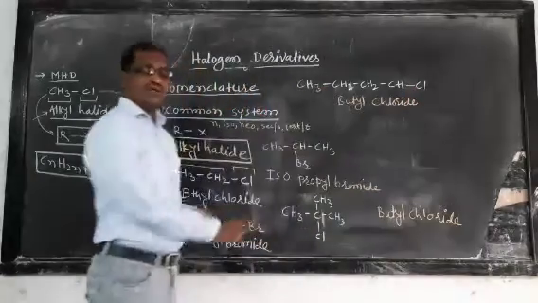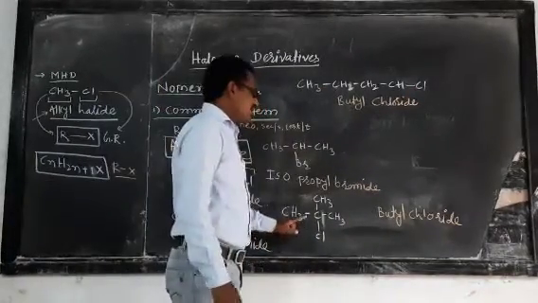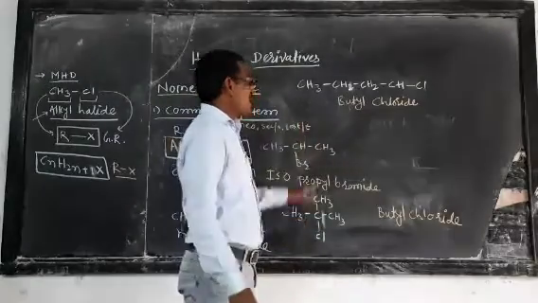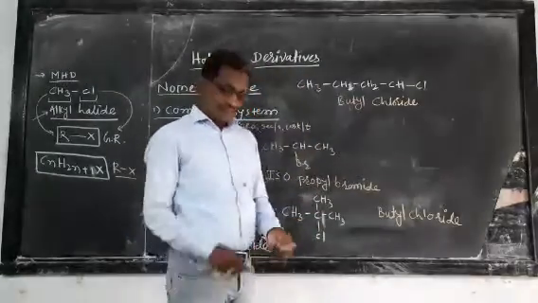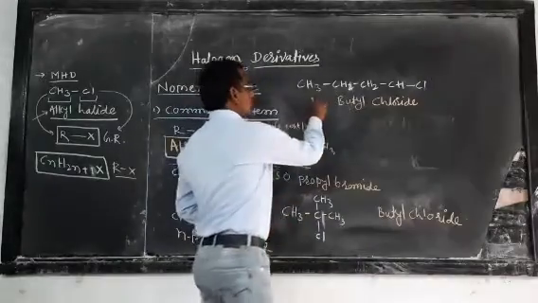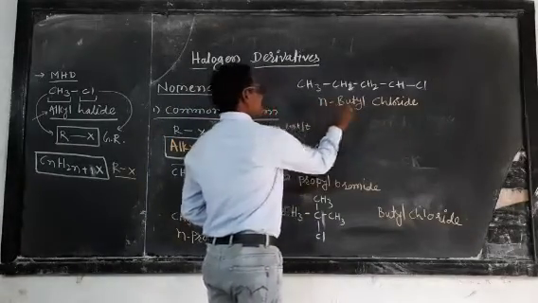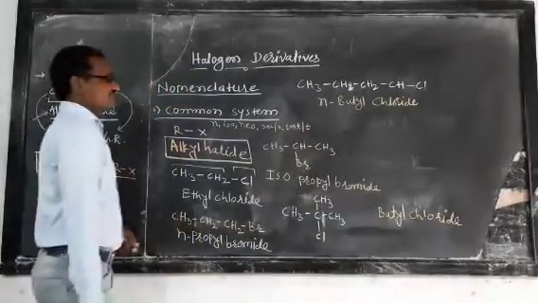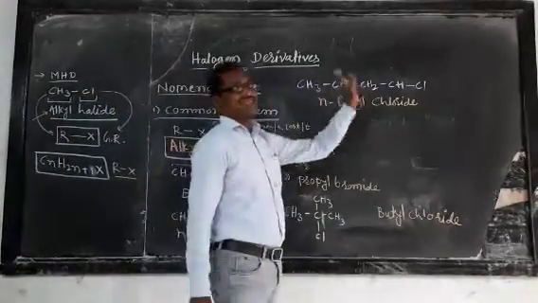But look toward the board. Here is a difference between the structure of this example and this example. This is branched and this is straight chain. Means here we have to use prefix N. This is the example of N-butyl chloride because it is a straight chain.